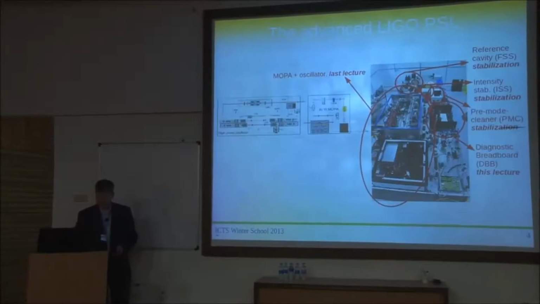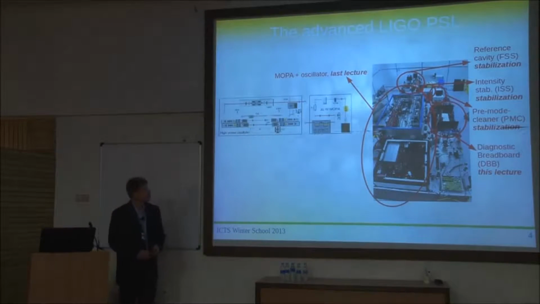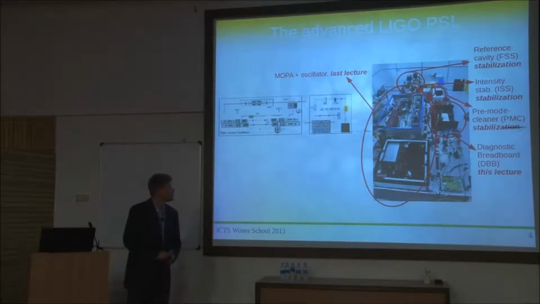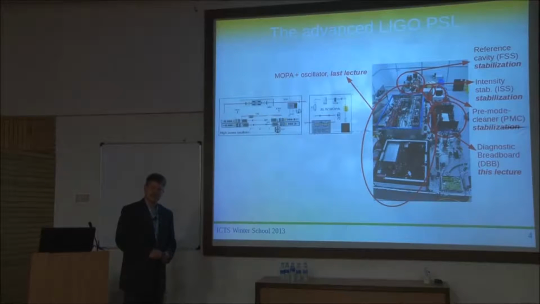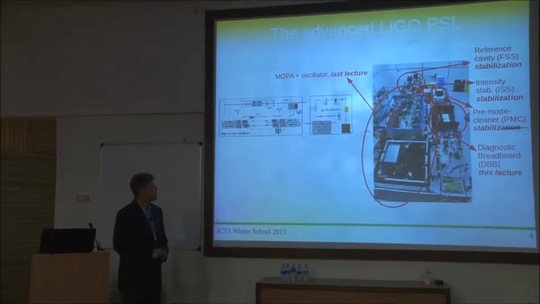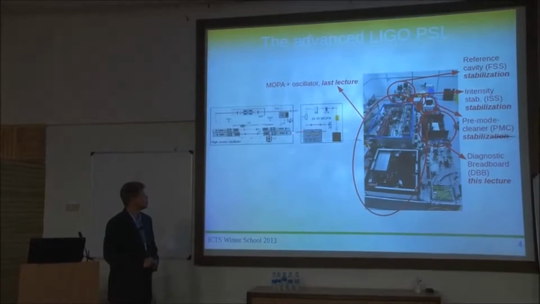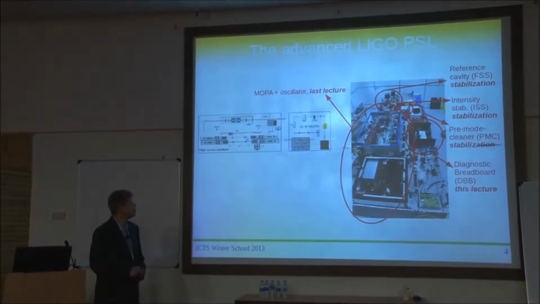So I'm going to start with the diagnostics inside the laser box. Just as a reminder, yesterday I showed this schematic. The laser itself consists of three components, so to say. One is the so-called front end, this 35 watt laser, which includes a 2 watt NPRO that's then amplified to a 35 watt laser beam.